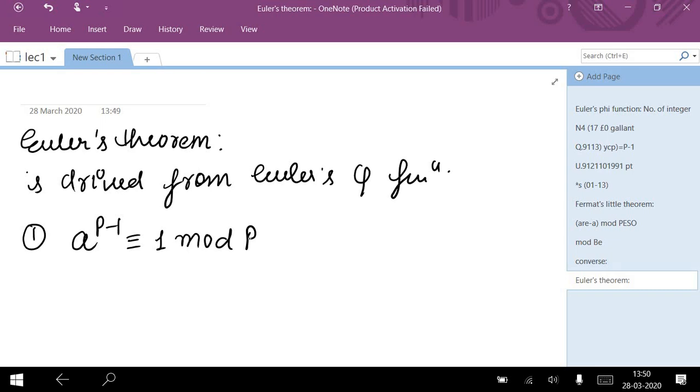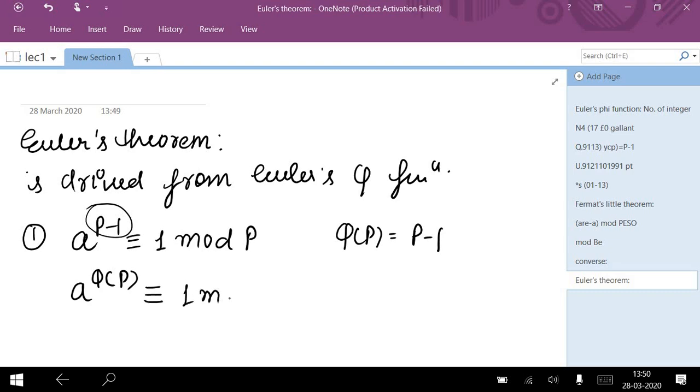Now you can see there, according to Fermat's little theorem, phi of p equals p minus 1. Now substitute this p minus 1 by phi p here. So a to the power phi p congruent to 1 mod p. Now this is Euler's first theorem. Simple. Just apply the Fermat's little theorem concept over there.